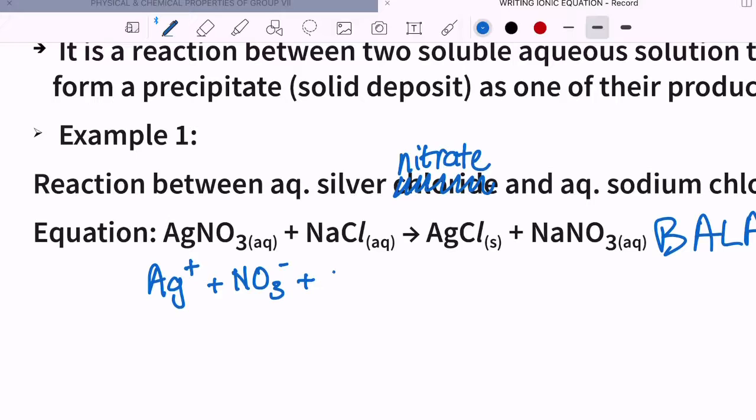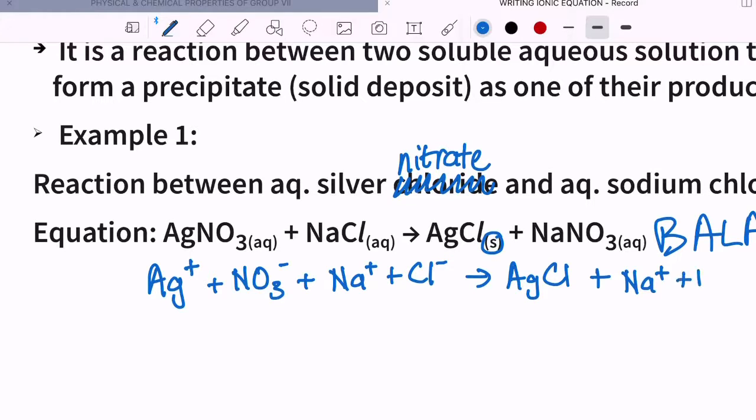Sodium chloride, Na plus and Cl minus, to form silver chloride. Silver chloride is a solid, so you don't break it down, it still stays as it is. Plus you have to break down the sodium nitrate, Na plus and NO3 minus.